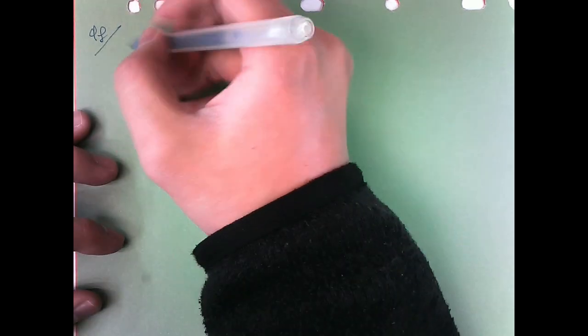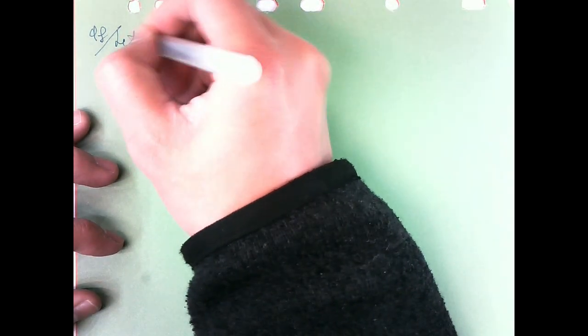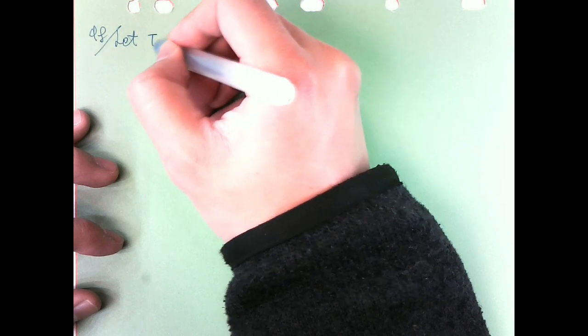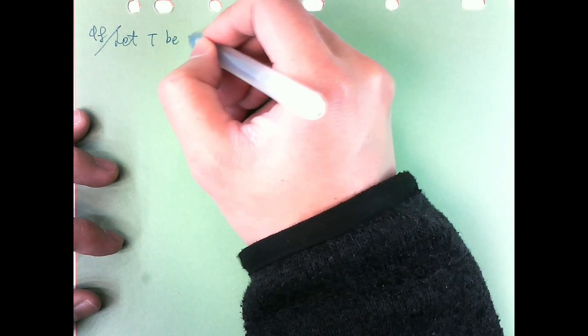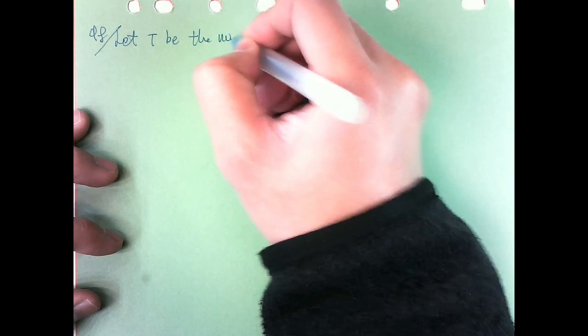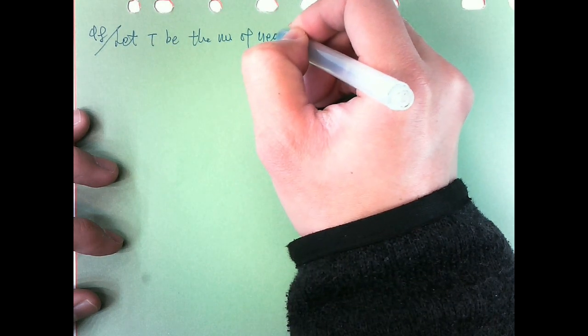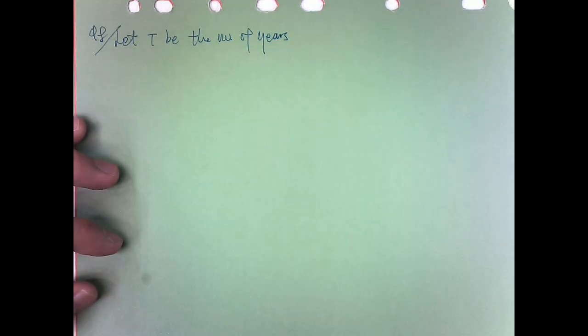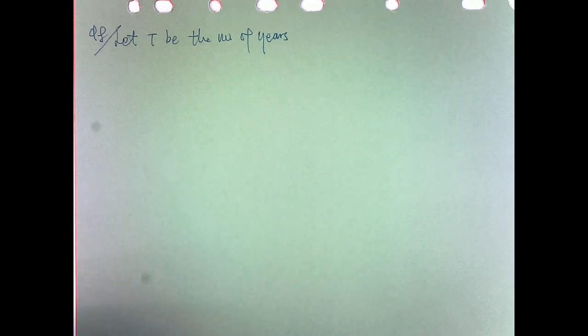Okay. So how to do? Always you have to find out the T, right? Let T be the number of years first. So you have to repay something, meaning that you have to repay the amount, not just interest or just the principal, understand?